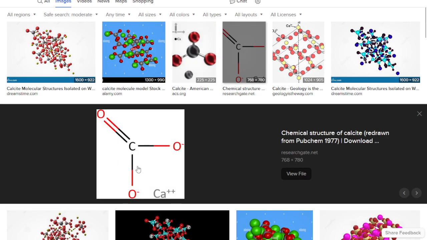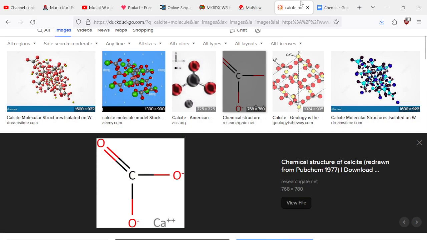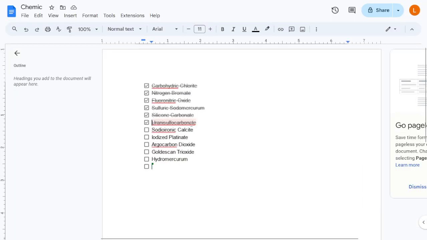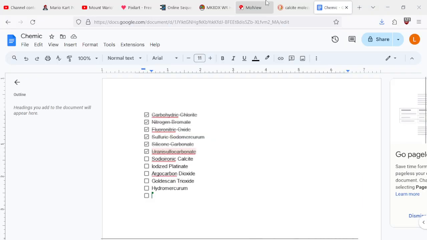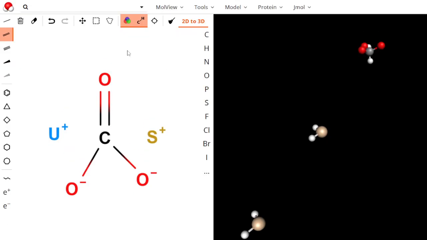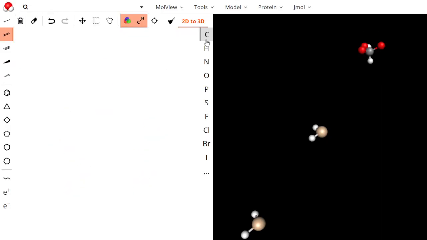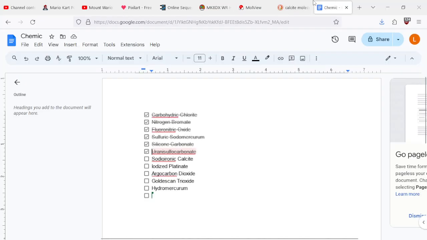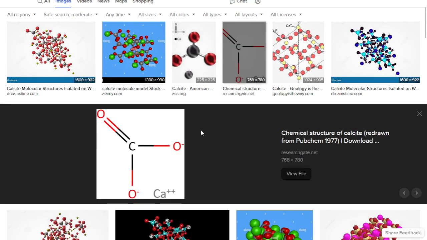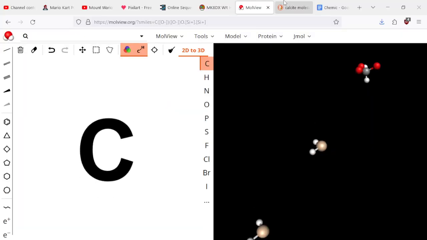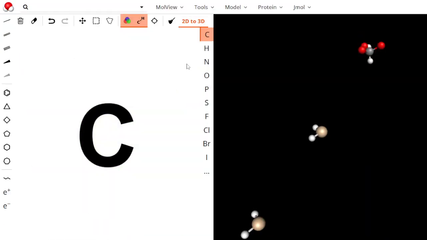What we need is this, a doubly charged calcite molecule to make the calcite, and then we're going to connect that to something really stupid. That's how sodioironic calcite is going to be made, in my opinion. If we take a calcite molecule, I'm running out of breath, bro. Wait. Oh yeah, it's the exact same.